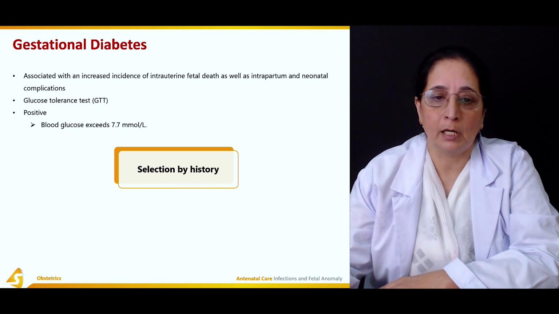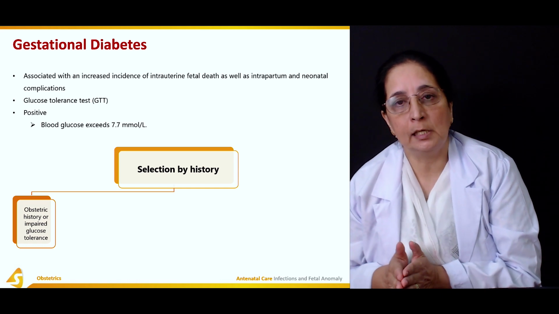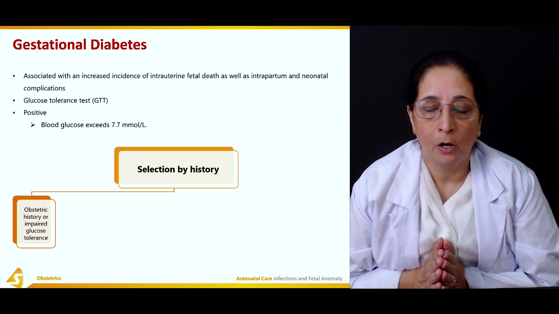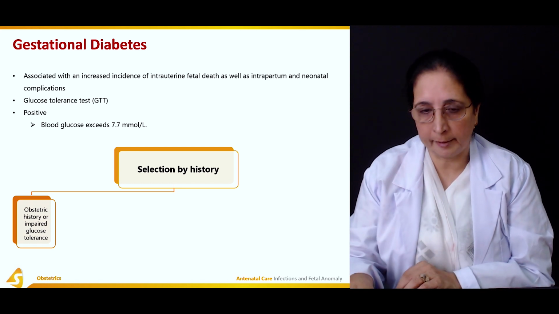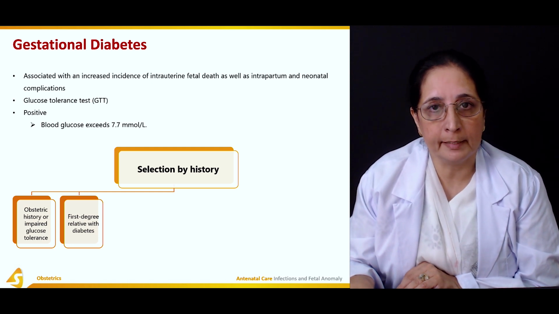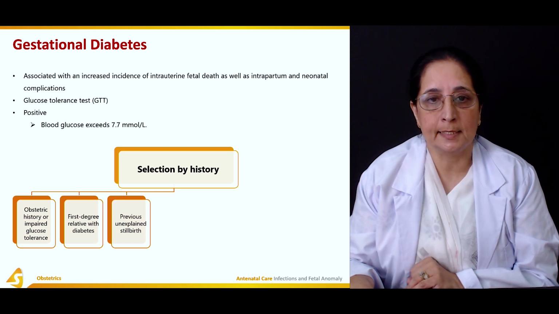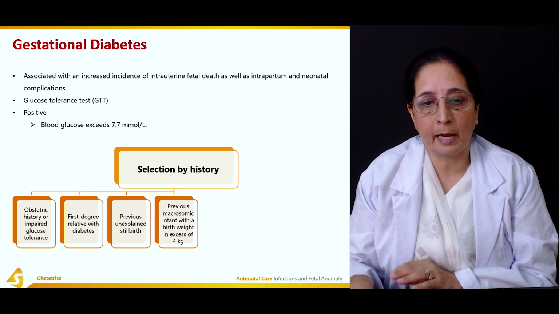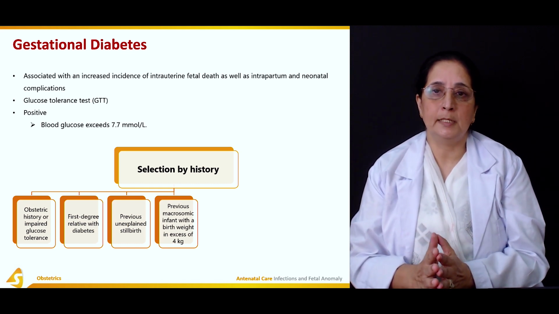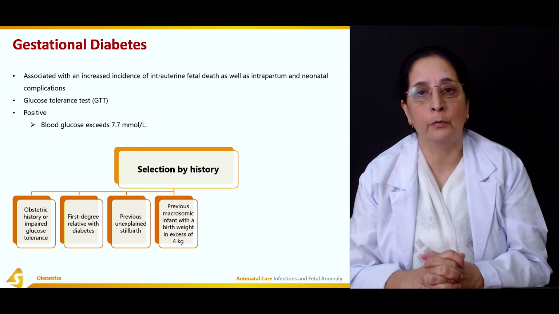Selection by history: how can we tell that this patient might have gestational diabetes during pregnancy? If there is history of impaired glucose tolerance, if there is a first degree relative with diabetes, if there is previous unexplained stillbirth, previous macrosomic baby. Usually pregnant women with diabetes have enlarged macrosomic babies, in excess of 4 kilograms.